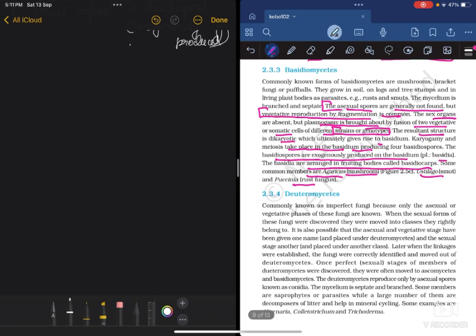Now coming to Deuteromycetes, which are also known as imperfect fungi, or fungi imperfecti. Here the mycelium is also branched and septate.